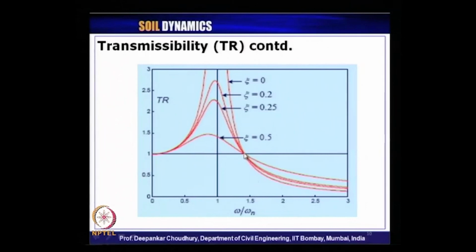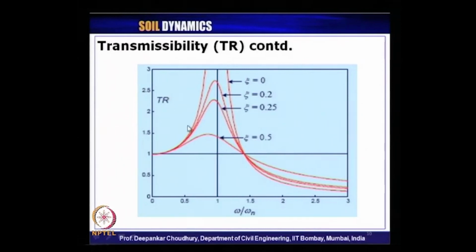And you can see there is another point where the transmissibility ratio becomes 1. You can check at which value of the frequency ratio the transmissibility ratio becomes 1, irrespective of the value of the damping ratio. So, please do this assignment: check what is the value of R when transmissibility ratio becomes 1.